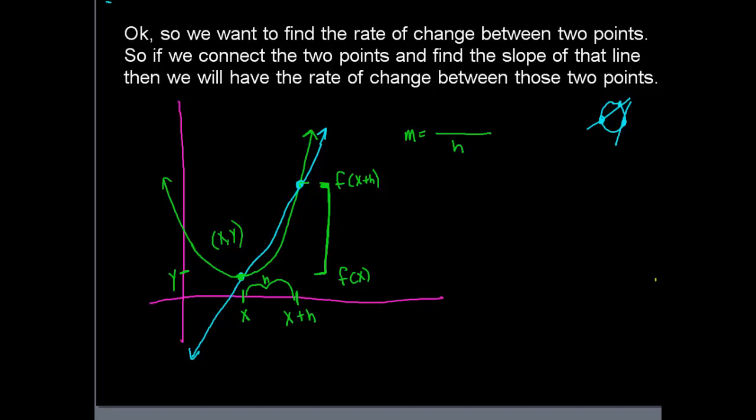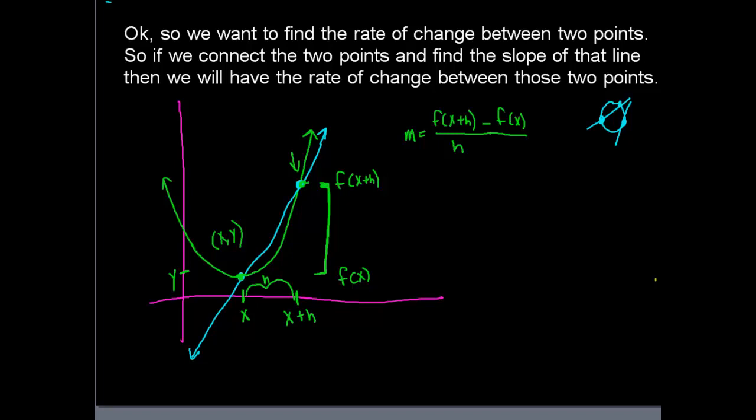This point is x plus h, because I just slid it over h units, so it would be f of x plus h. So the slope would be the y coordinate of the second point, f of x plus h, minus the y coordinate of the other point, f of x. So we got f of x plus h minus f of x all divided by h.